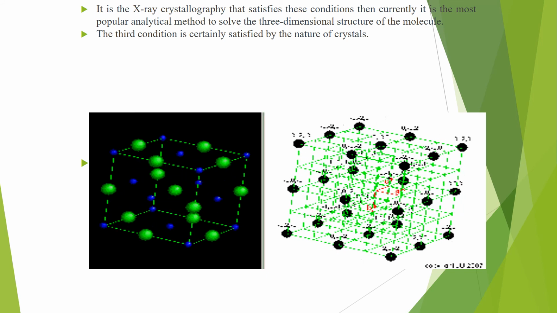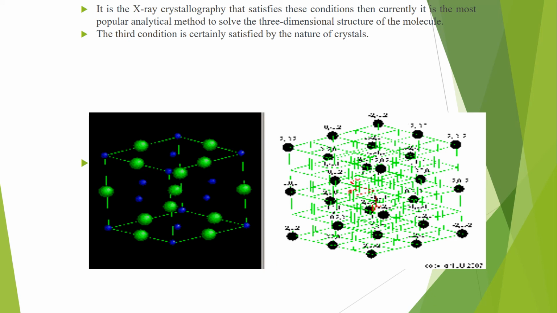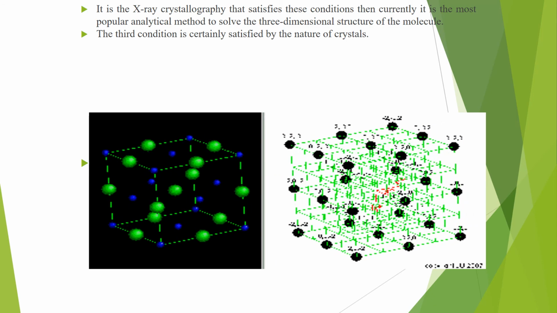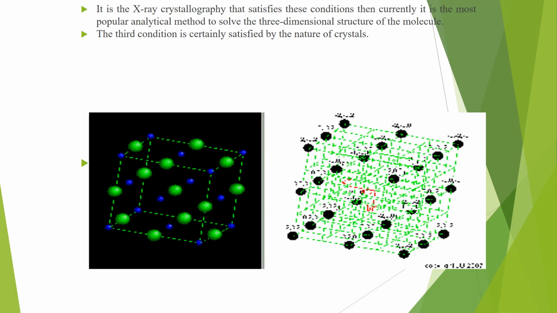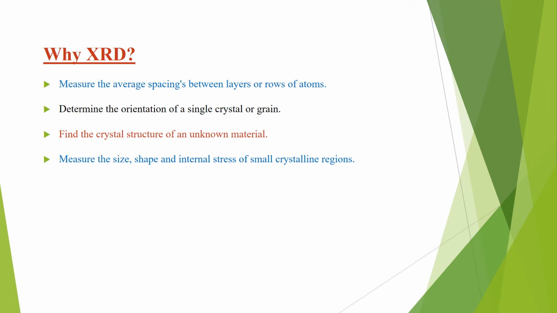So we have different types of crystals, and in these crystals the lengths between the atoms and the angles between the atoms are different, which divides them into different categories. Once again we discuss why XRD is used. It is used to measure the average spacing between the layers or rows of atoms.